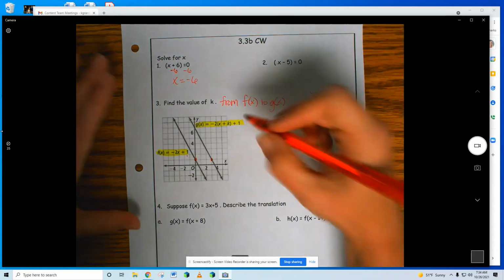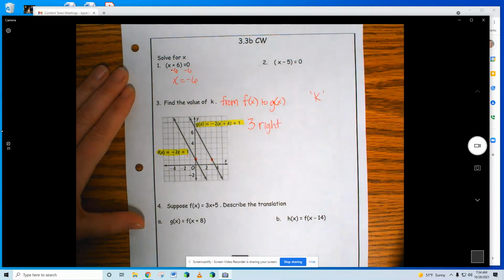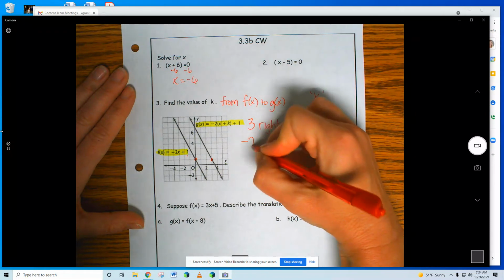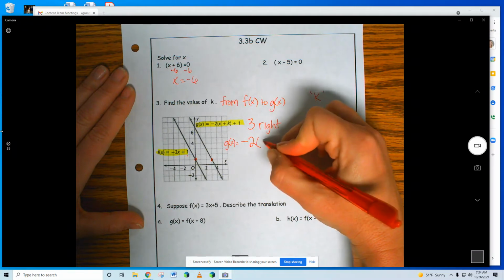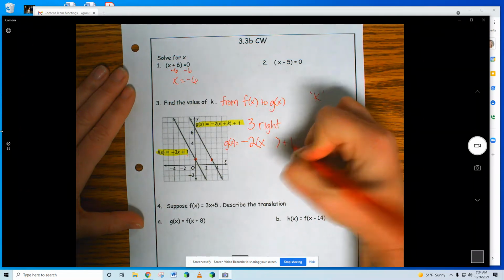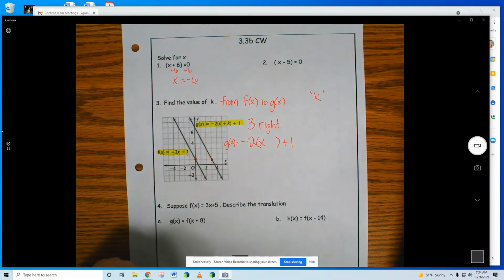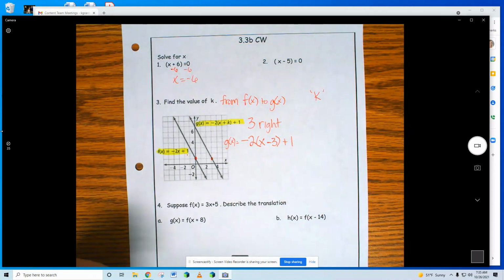Okay, I'm going 3 to the right, which means that my equation here is going to be, let's rewrite it, negative 2 parentheses x something plus 1. What am I going to put in parentheses to signify that I'm going 3 to the right? You've already helped. Someone said just negative 3. Opposite sign, remember?